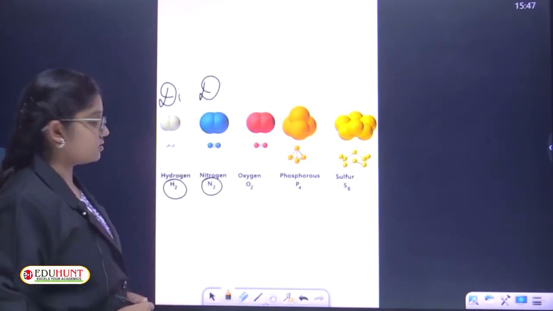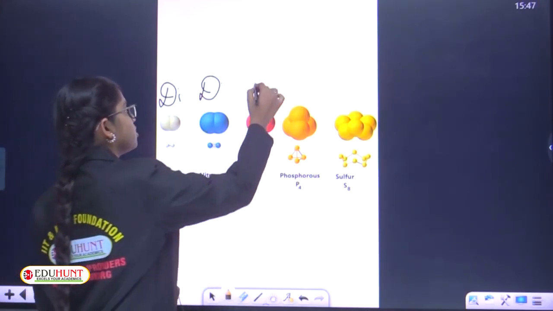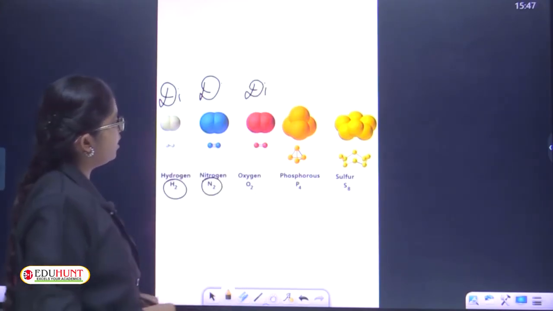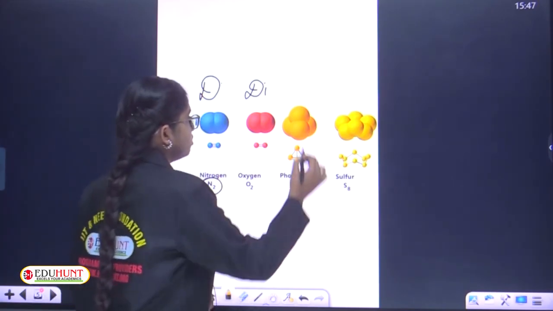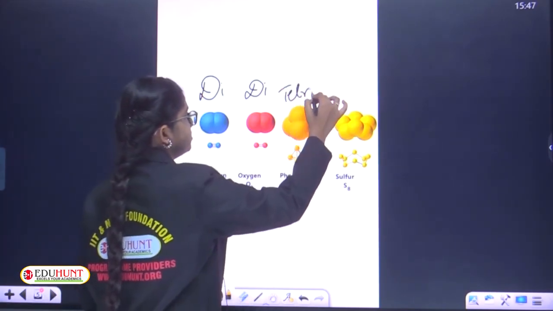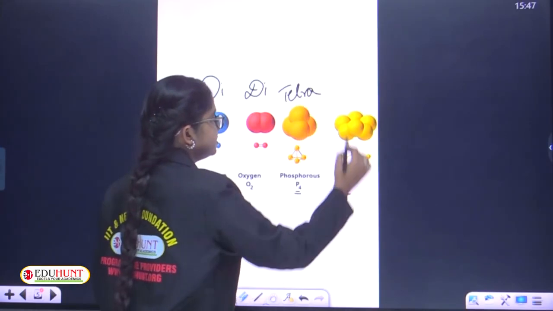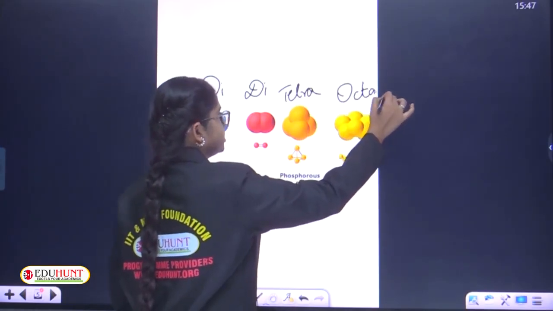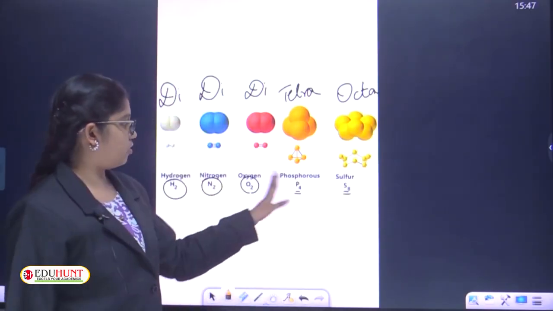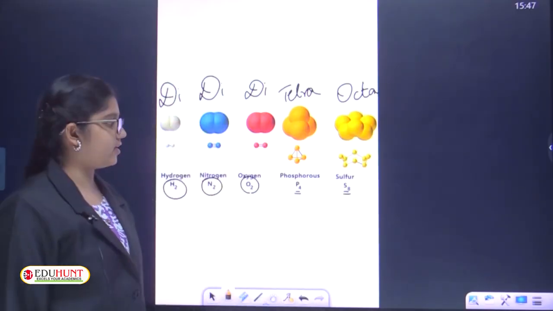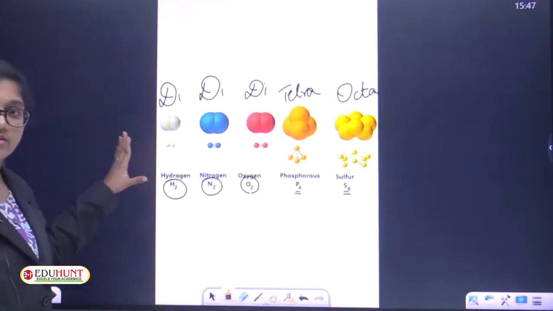Coming to oxygen, yes, oxygen is also diatomic. Coming to phosphorus, which we just discussed, P4, that is tetra. And sulfur, which has 8, means octa, octatomic. So these, N2, O2, P4, S8, are examples of representation of atomicity.